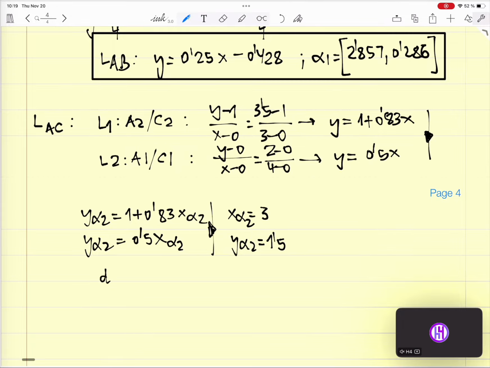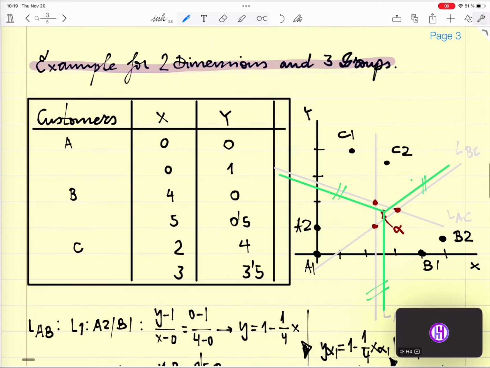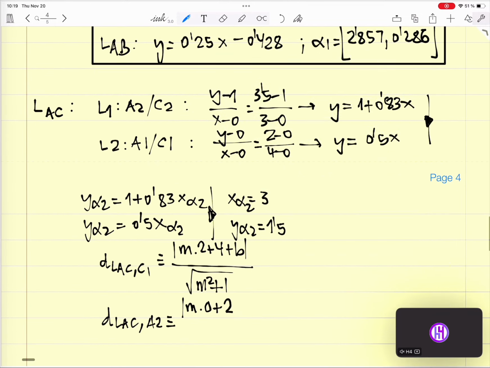Because the distances between LAC and C1 need to be the same as the distance between LAC and A2, we get (m times 2 plus 4 plus b) divided by the square root of m squared plus 1 equals the A2 distance, which is (m times 0 plus 1 plus b) divided by the square root of m squared plus 1.